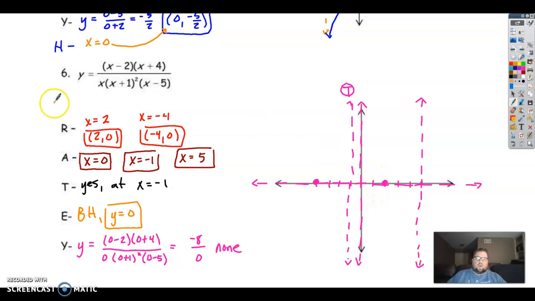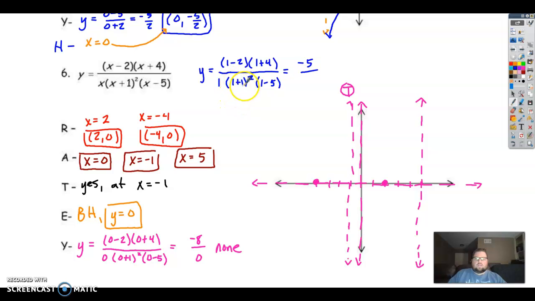So I'm going to plug in 1 for my x values up here. So y equals 1 minus 2 times 1 plus 4 over 1 times 1 plus 1 squared times 1 minus 5. Alright, so that's negative 1 times 5 is negative 5.